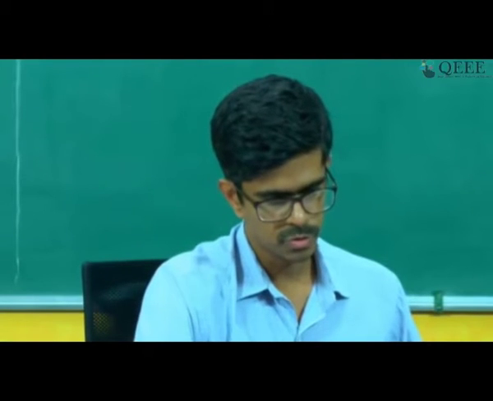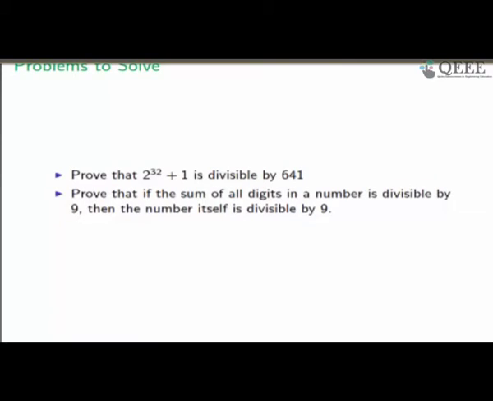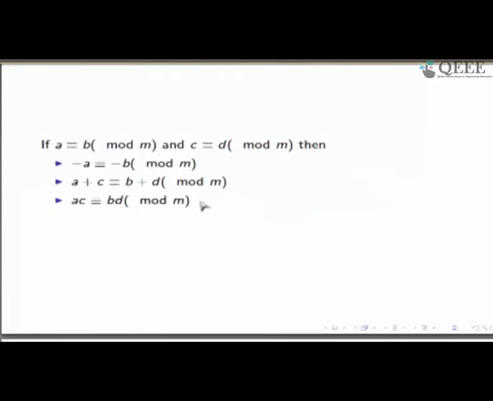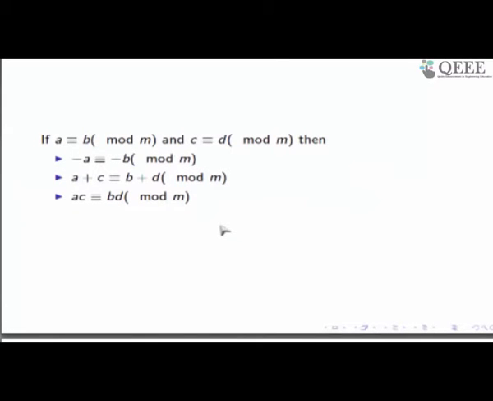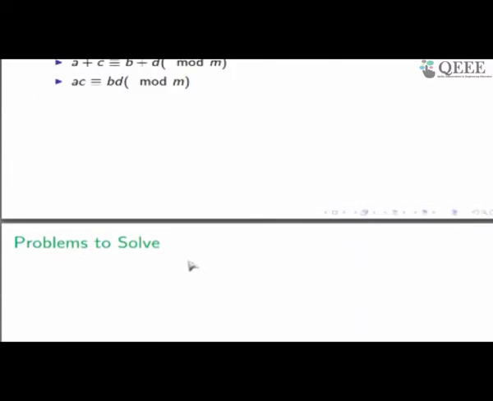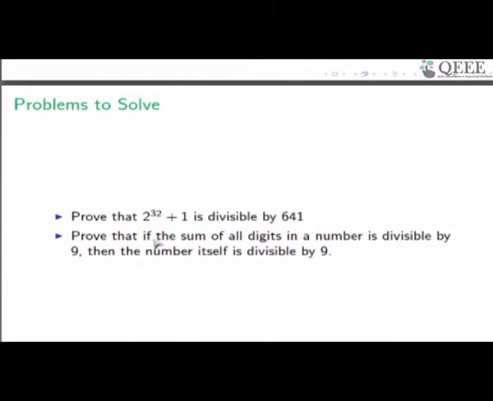Okay, so let's for practice do one example. About these three things you can actually verify, and I think that you should go back home and fit in various values of A, B, C, D and M, and see that in fact this is working. And we could also try to solve problems of this nature. So let's try the first one: prove that 2 power 32 plus 1 is divisible by 641.